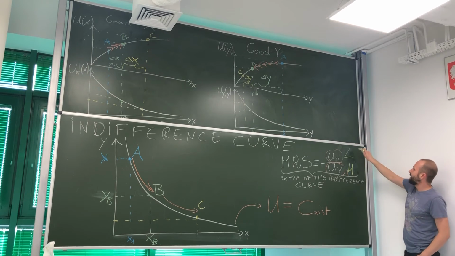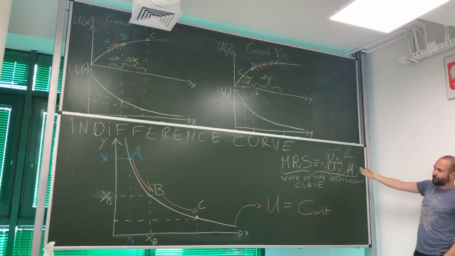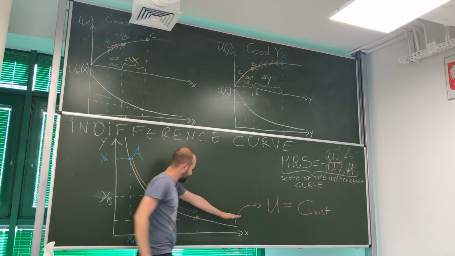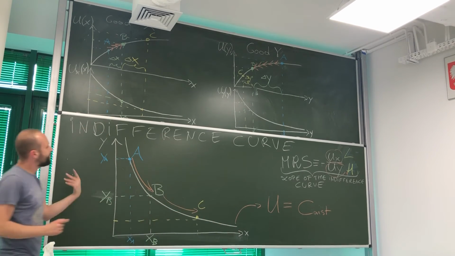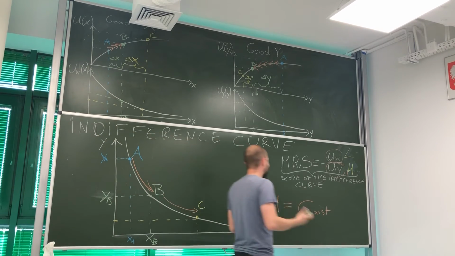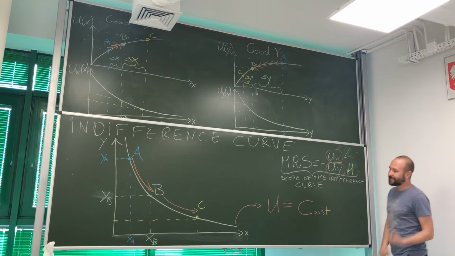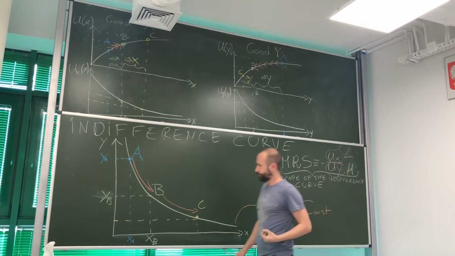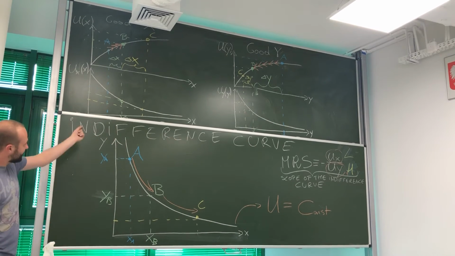And look, if we divide a low number by a high number, we get a relatively low number, and we see that over here, this part of the indifference curve is actually flat. Okay, and look, basically, we could do the same thing for every point, and we would get this shape.